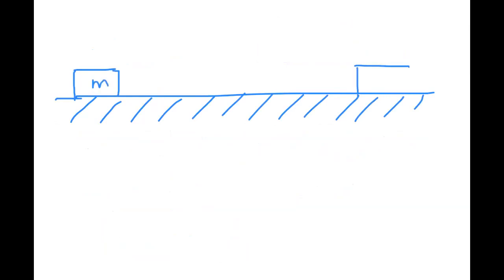Eventually I see the crate here, mass m, but it had some velocity here, which is not 0, and then slows down to 0 meters per second. For this to be possible, there has to be a force in the opposite direction. Maybe this force could be force due to friction, for example.